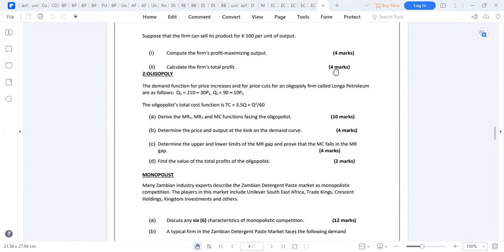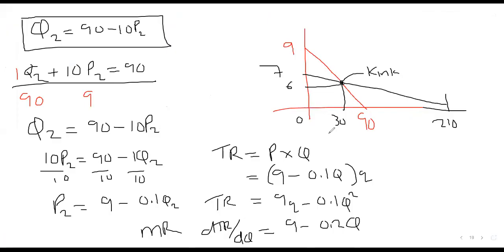Okay, thank you. So after finding the equilibrium for each of these ones here, you will now be asked to calculate the marginal revenue at the gap. Since we found the marginal revenue for FEM 1 and FEM 2, where there's quantity, we substitute this 30 here.